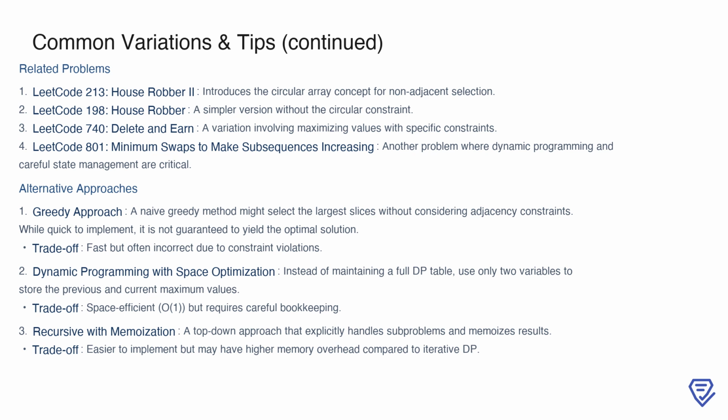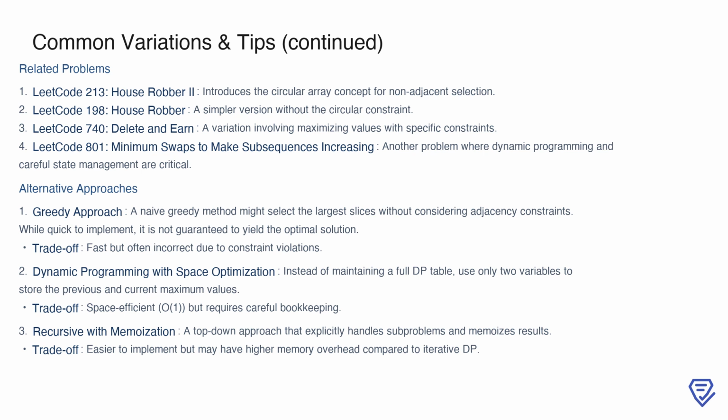In terms of alternative approaches, a naive greedy method might involve always selecting the largest slices without considering adjacency constraints. While this is fast to implement, it doesn't guarantee an optimal solution since it often violates the problem's rules. A more advanced approach is dynamic programming with space optimization. Instead of maintaining a full DP table, you can use just 2 variables to track the previous and current maximum values.